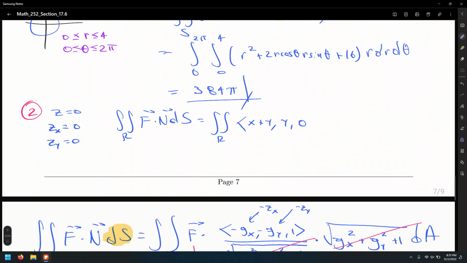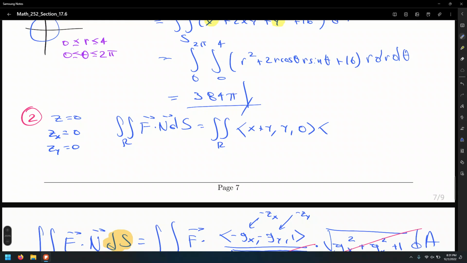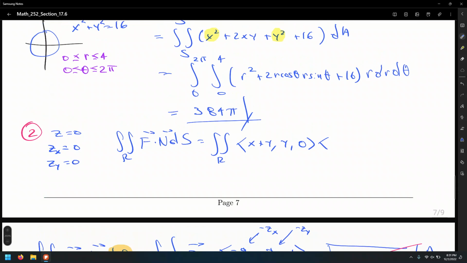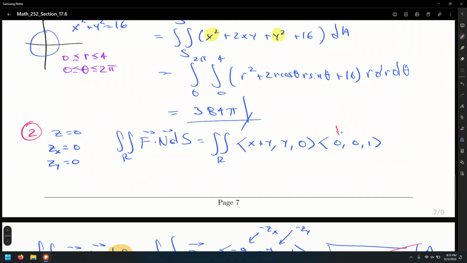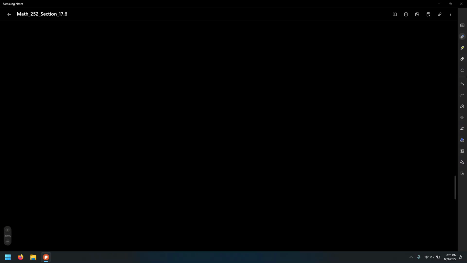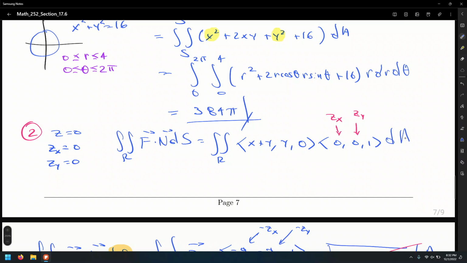Because it's the plane, the xy plane. And that's the partial derivatives, 0, 0, 1. In other words, let me label what I did here. So that's z with respect to x and z with respect to y. Just so when you get back to see your notes again, you can see where these are really coming from. All right, so that times dA.